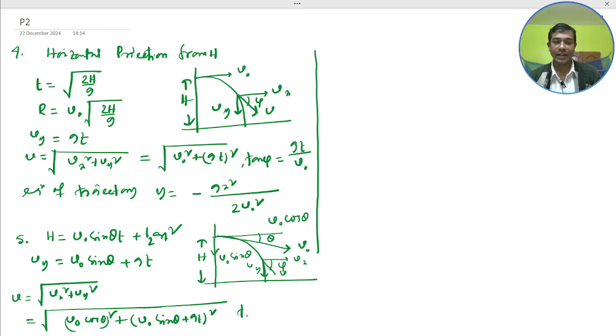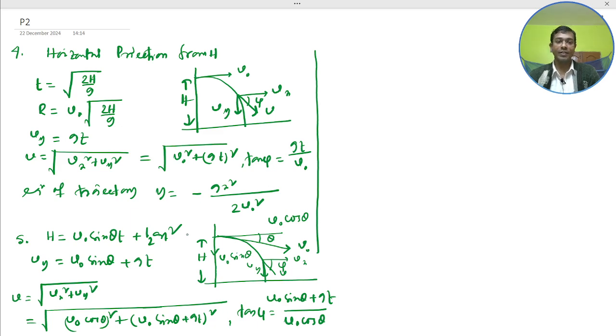And the angle, tan phi would be v naught sin theta plus gt divided by v naught cos theta. Just see the components in your figure. So the next one, projection from height h at an angle theta above horizon.